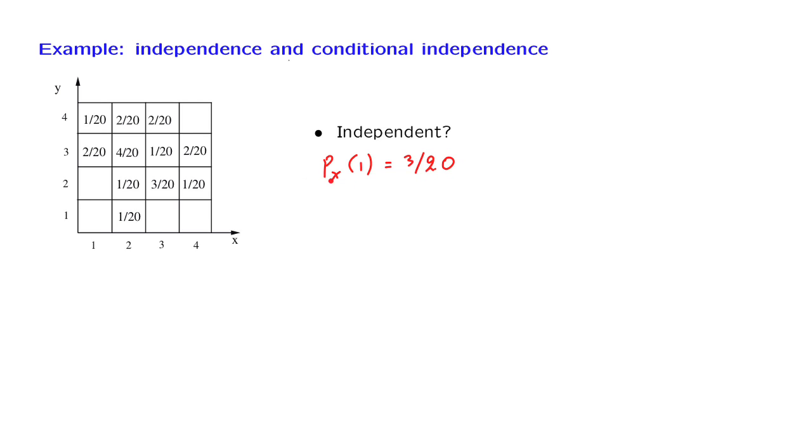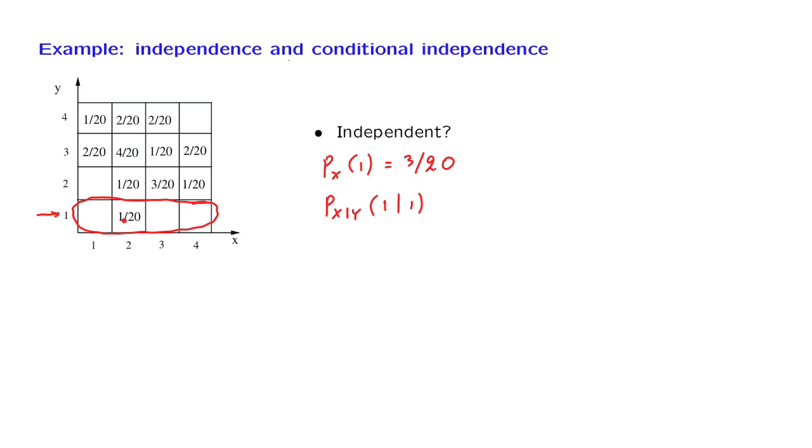Suppose now that somebody tells you the value of y. For example, I tell you that y happened to be equal to 1, in which case you're transported into this universe. In this universe, the conditional probability that x takes a value of 1, given that y takes a value of 1, what is it?